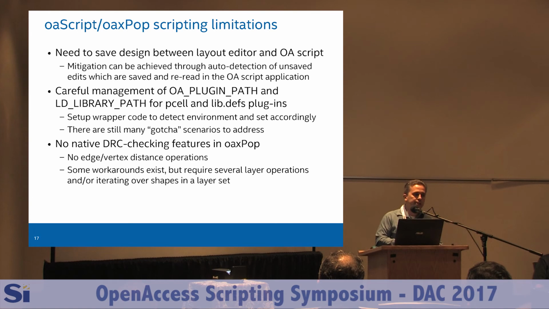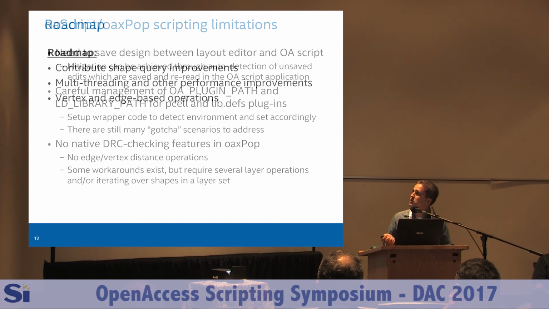There are no native DRC checks within oaxPop, so a lot of times when we want to perform some kind of check on shapes, that's not in there by default. Of course, you can build your own relatively easily, but it would be nice if that was part of it. There are also no edge, vertex, or point operations really exposed, so that's a limitation as far as oaxPop is concerned.